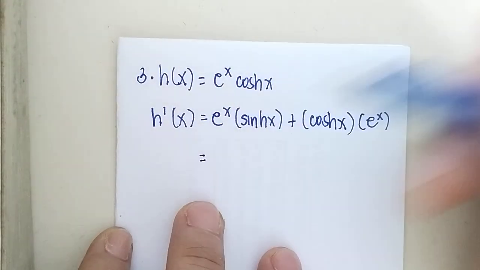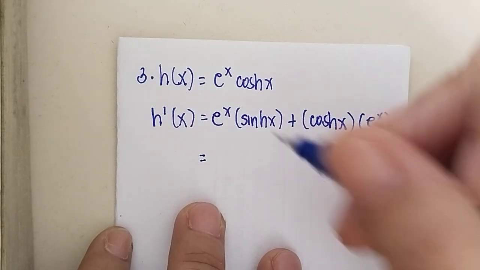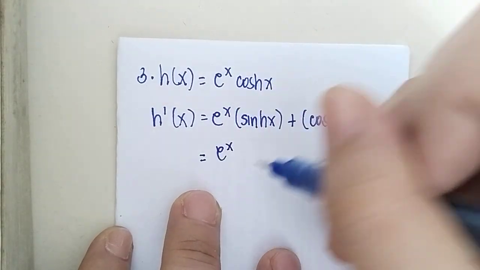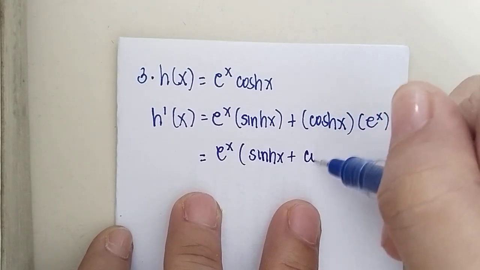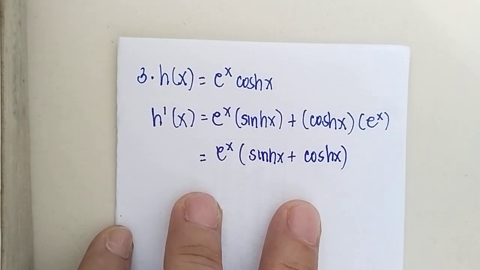Now, if we factor out the e raised to x, what remains is hyperbolic sine of x plus hyperbolic cosine of x.